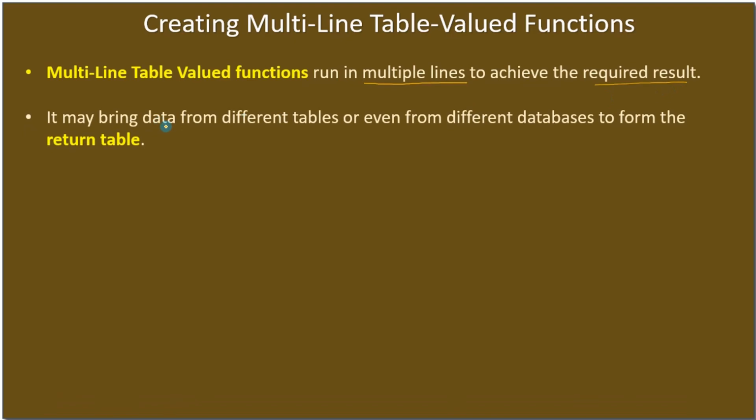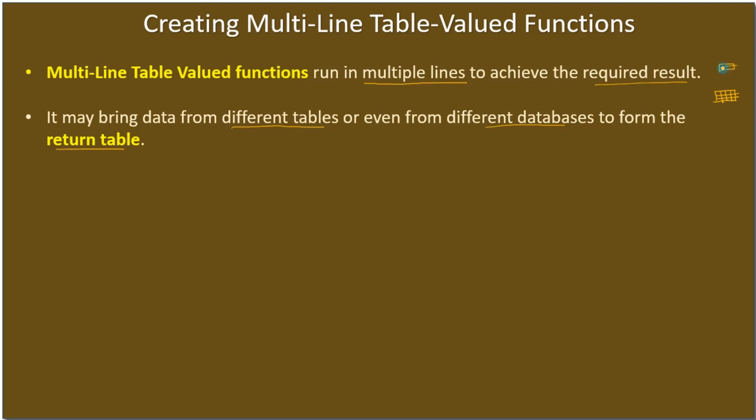It may bring data from different tables or even from different databases to form the returned, resulting table. So there may be multiple tables at runtime. This is the table we want to return, with multiple rows and columns.